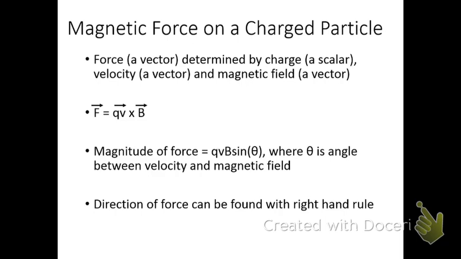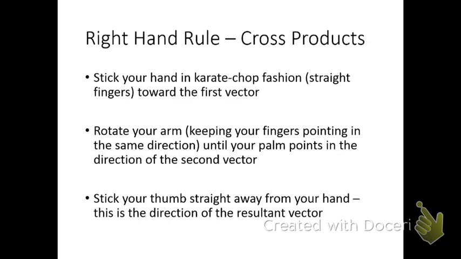Every vector also has a direction. You can find the direction with the right-hand rule. For cross products, take your right hand, palm open, and stick your fingers straight toward the first vector. In this case, it'll be the velocity of the particle.